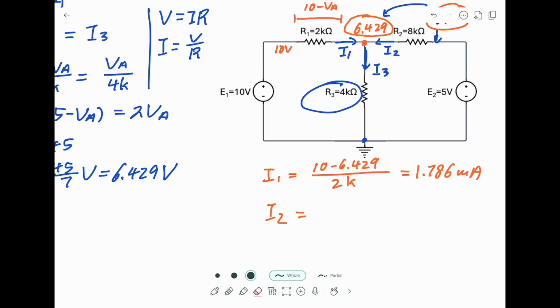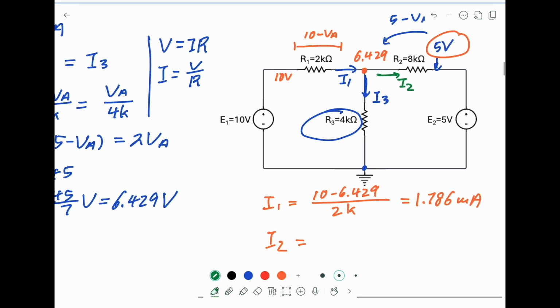So I2 should be drawn in this direction, after we find the potential. So this becomes (6.429 minus 5) divided by 8K, and we have 0.179 milliamp.